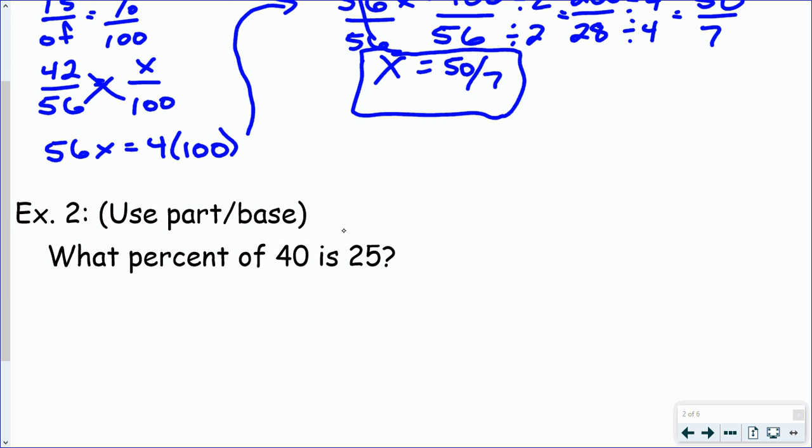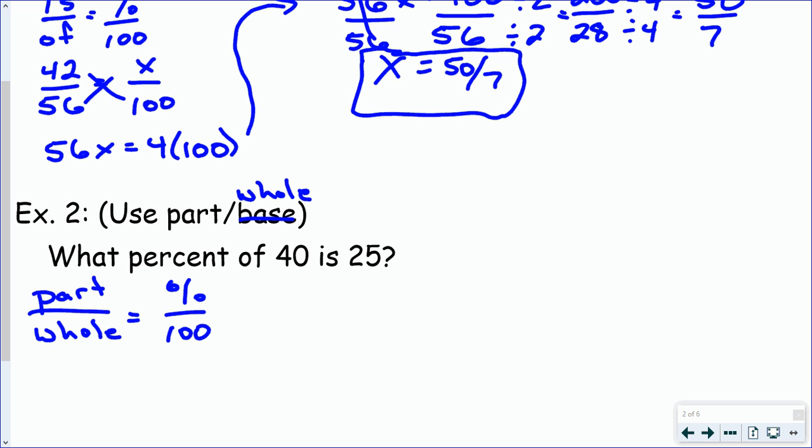All right, in this one, I forgot to change this: part over whole. This one has the words is and of, but we're going to use the part over whole on this one. So part over whole equals percent over 100. It says what percent of 40 is 25?